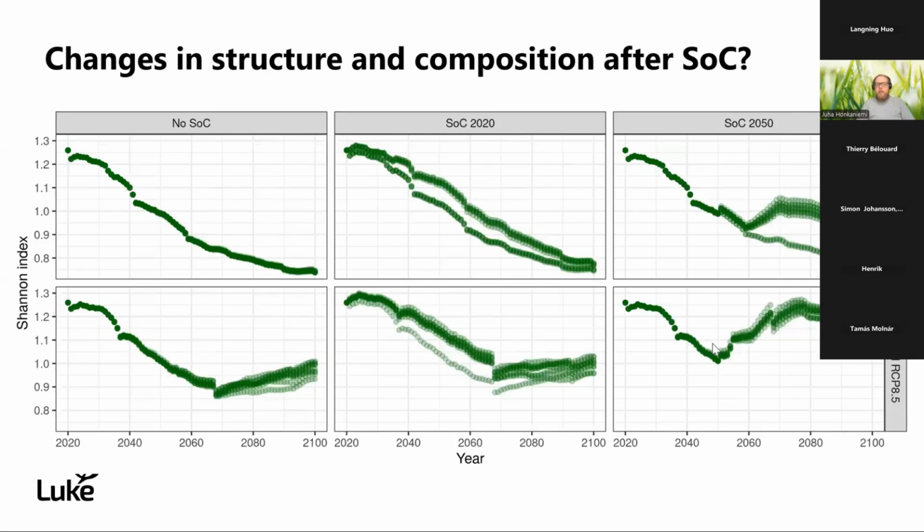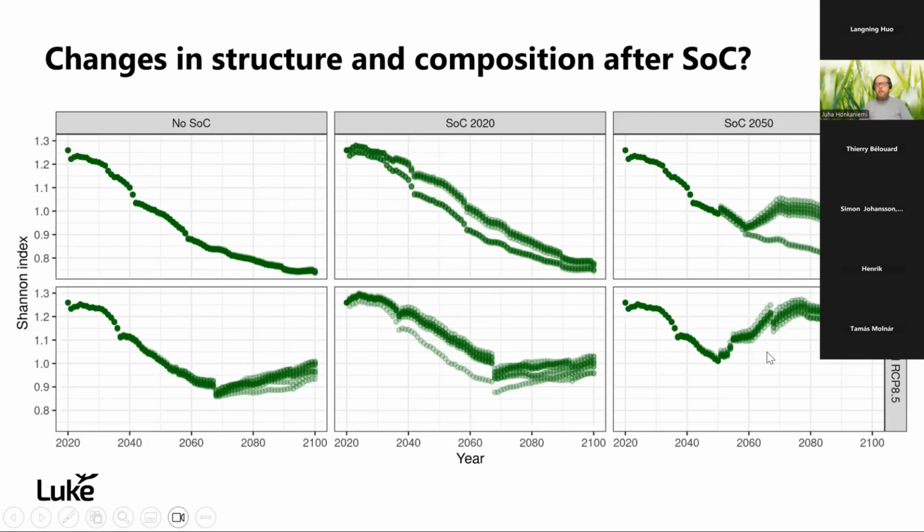Did we observe something else? I wanted to measure the changes in structure and composition after a storm of a century. What you can see here is that with the storm of the century in 2020, the variation in the trajectory of the landscape in terms of the Shannon index, here measuring tree species diversity, increases. And if it happens in 2050, it actually puts the landscape on a new trajectory under 4.5.